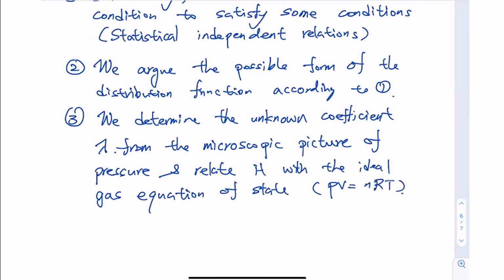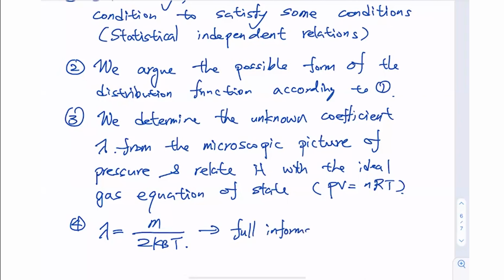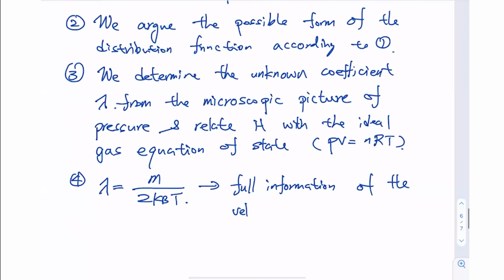Okay. So after these steps, we can pin down what lambda is. Basically, lambda is just m divided by 2kBT. And this gives us the full information of the velocity distribution function.